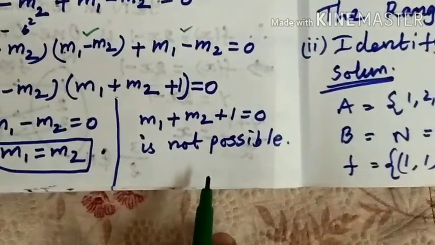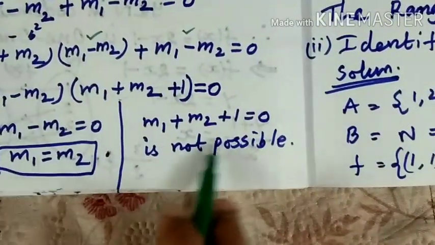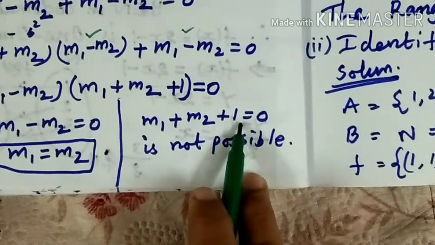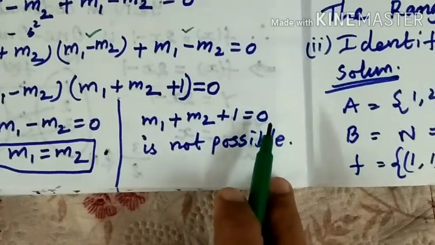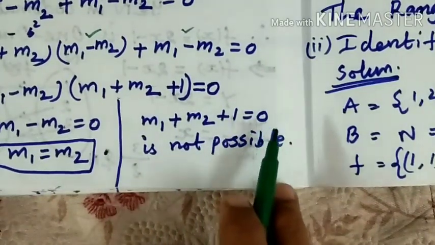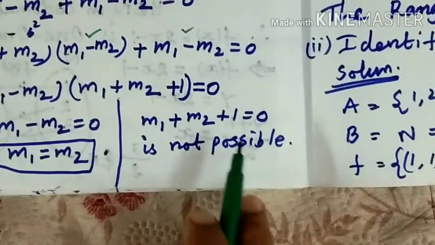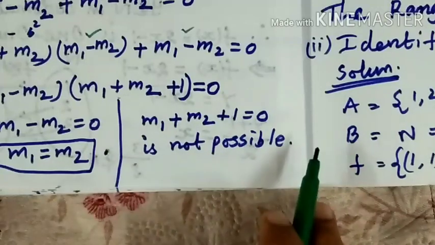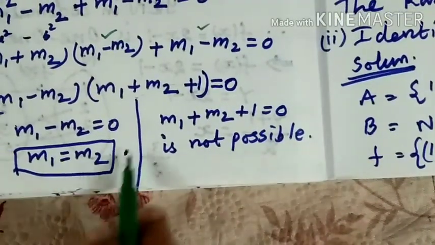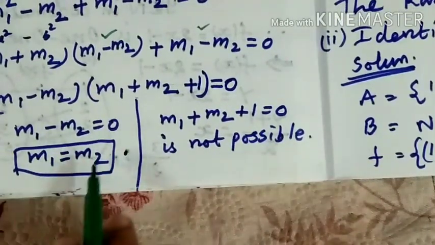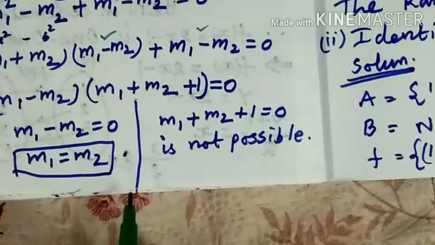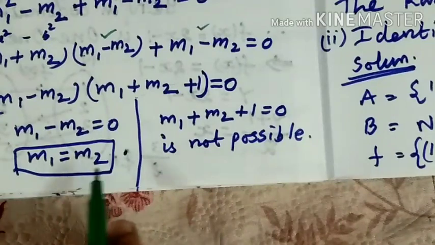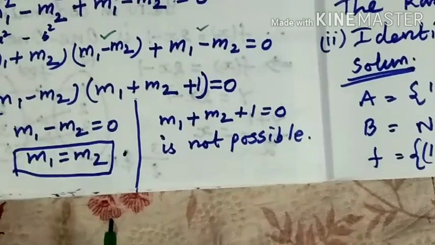So m1 plus m2, you apply any natural number, then we add 1, we do not get 0, we get some natural number, but here it comes 0. So it is not possible. Then you take this alone, that is m1 equal to m2. Then it is one-one function.